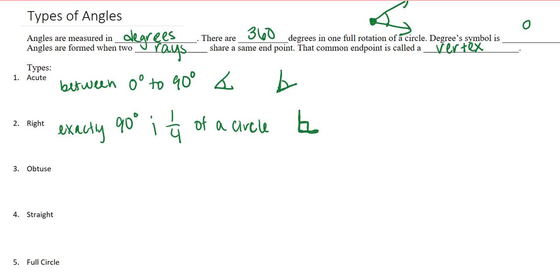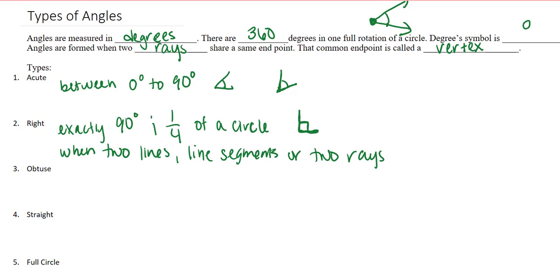Now, right angles can be formed when two line segments or two rays intersect at a right angle.